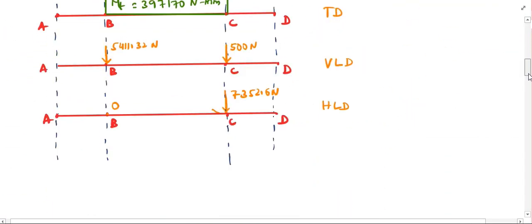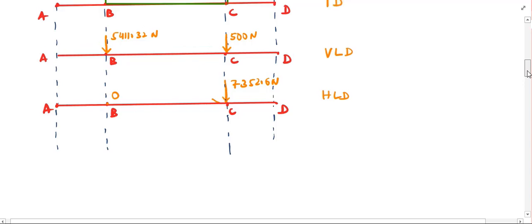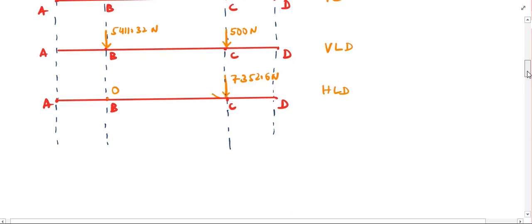That's a very key point to be remembered. So any force which is coming towards the observer is always drawn on the shaft if the observer is standing in front of the shaft, and any force which is going away from the observer will be drawn upwards on the shaft. As it is clearly indicated in the HLD diagram.